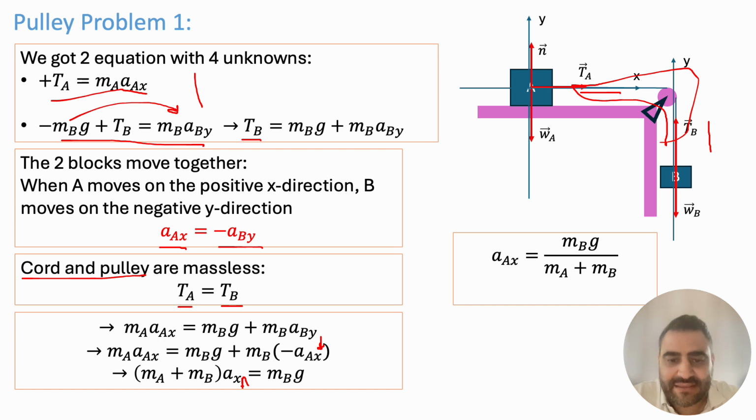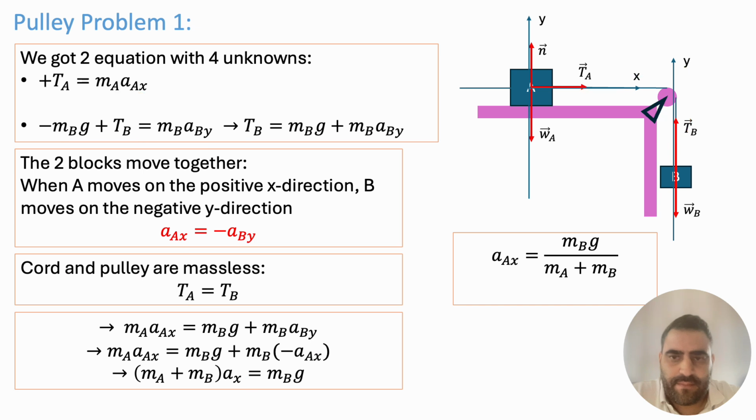So let's see if this makes sense to us. In the numerator, we have the weight of B. So the weight of B is pulling B down on the y-axis, but it's pulling A forward on the x-axis. The wire, all the wire does is transfer this force from B to A. Now, divided on it, in the denominator, we have the mass of A and the mass of B, which is the total inertia.